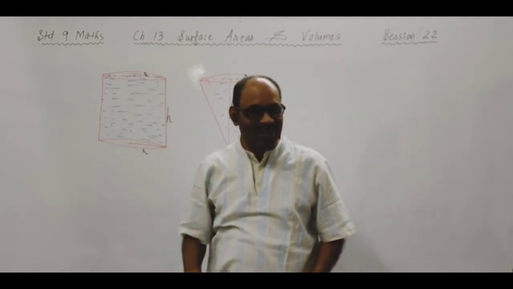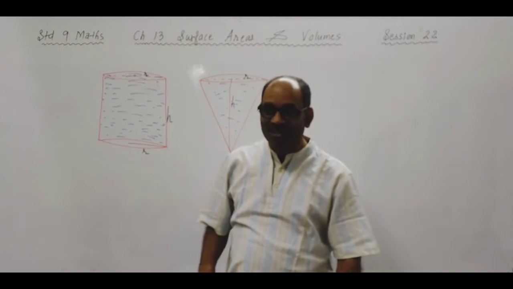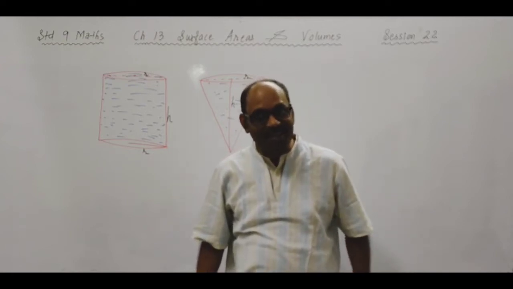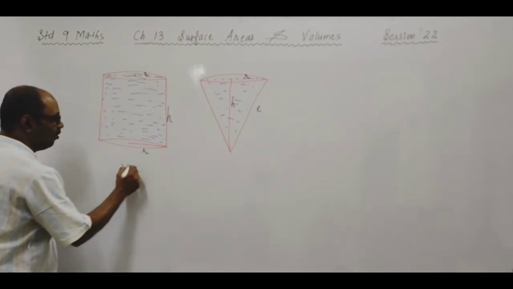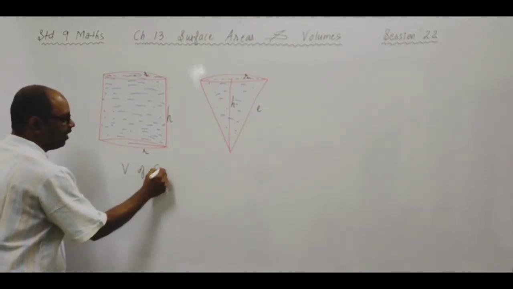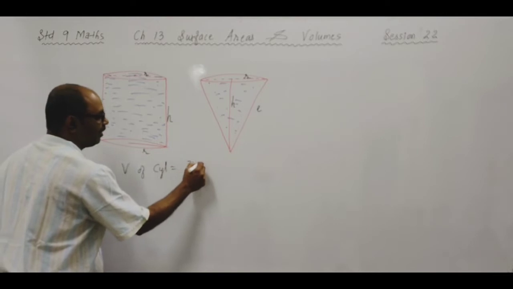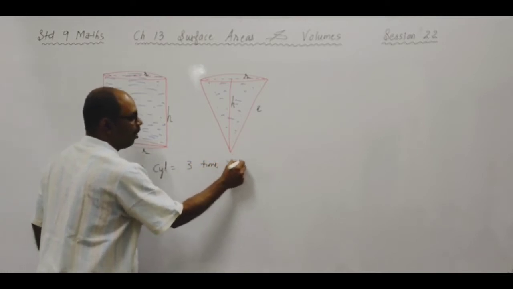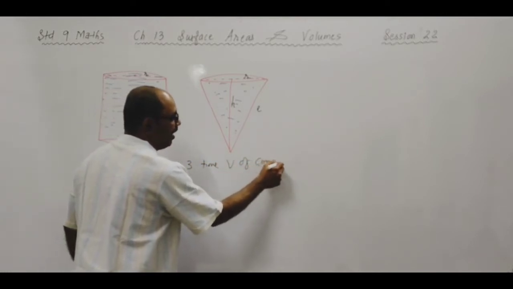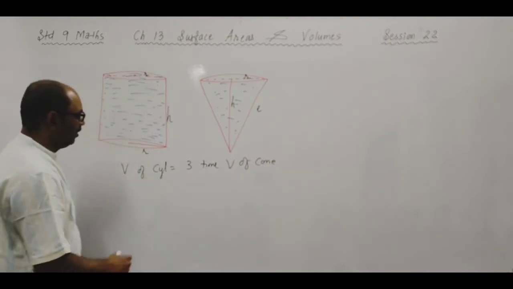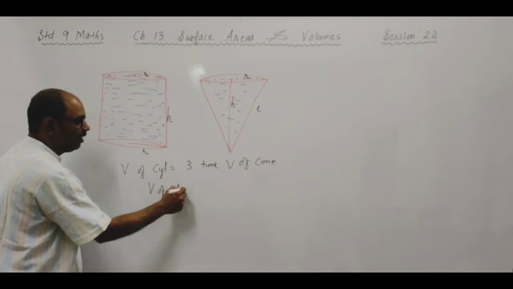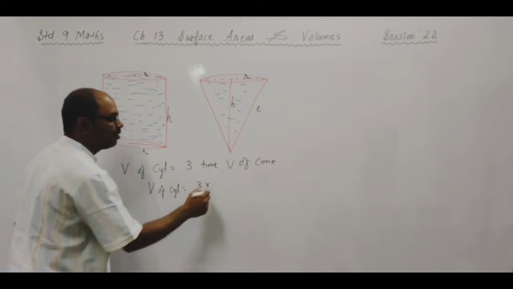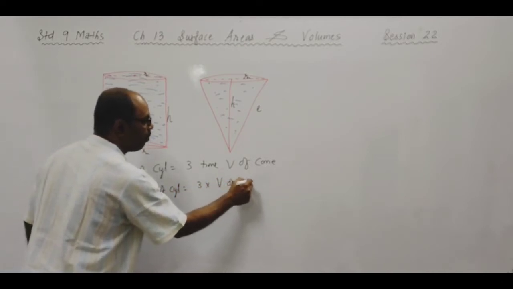So what can we say from this? Volume of cylinder is 3 times the volume of cone.